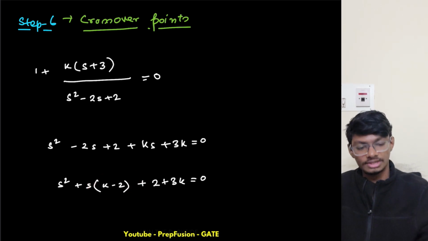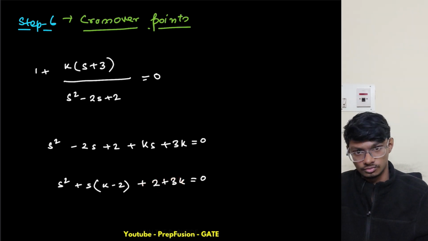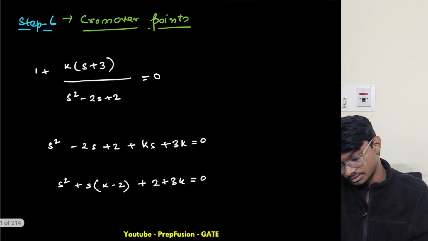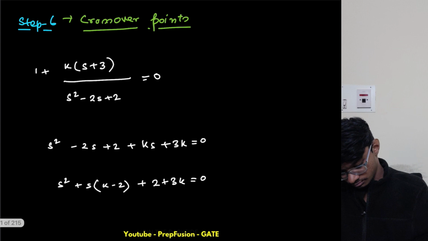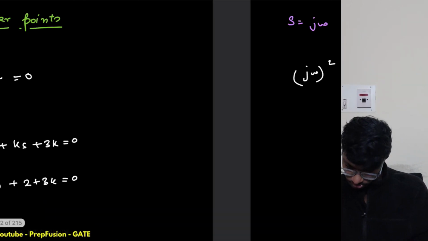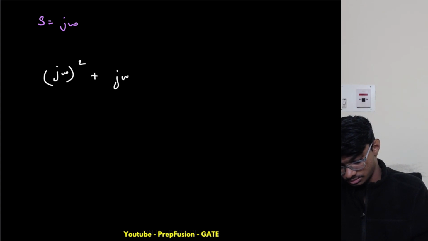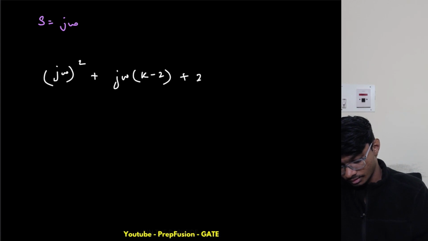If you replace this with k equals 2, what do you get? You get s square equal to 8, and s will be 2 root 2. Or let's replace this with j omega itself. So this one is j omega whole square plus j omega into k minus 2 plus 2 plus 3k.